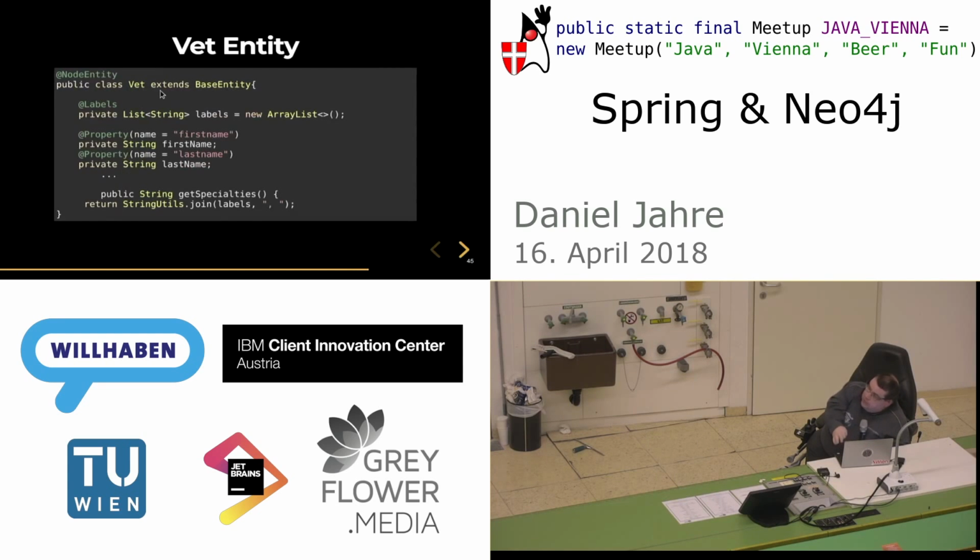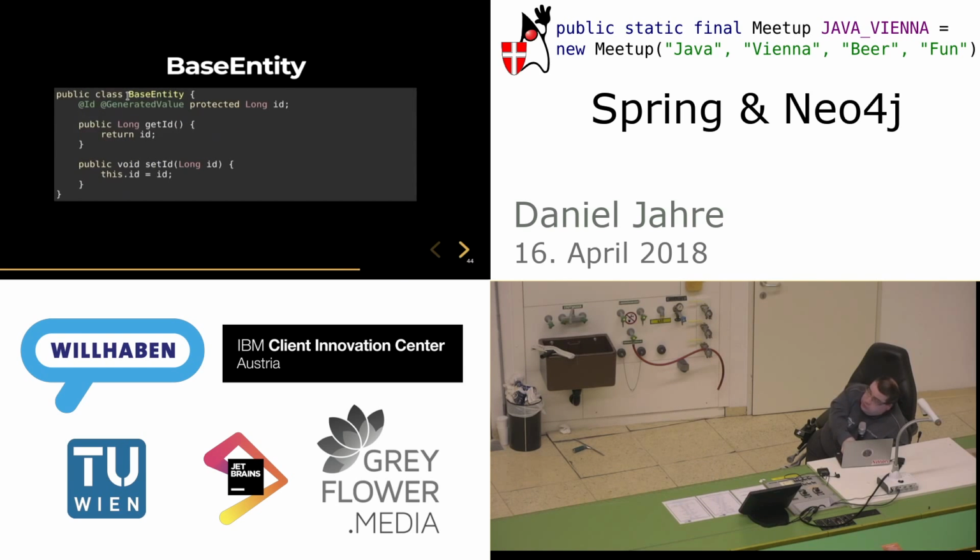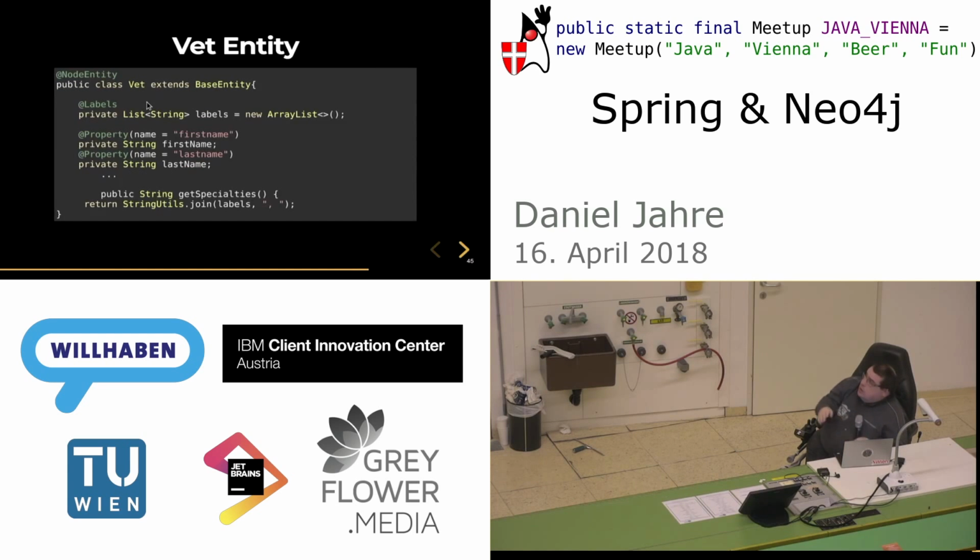But as we can see here, the base entity has no annotation in it, so it is not a node for itself. This is the node entity for the vet, and what we can do here is, with the labels annotation, we can have access to the additional labels that are on the node.